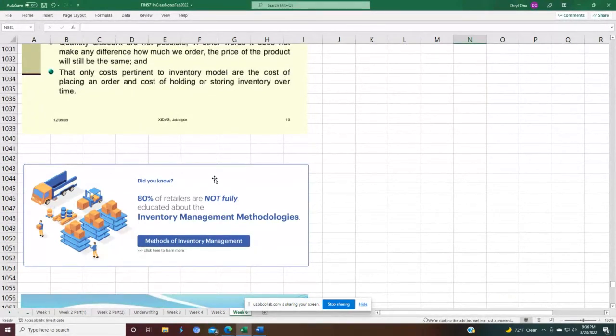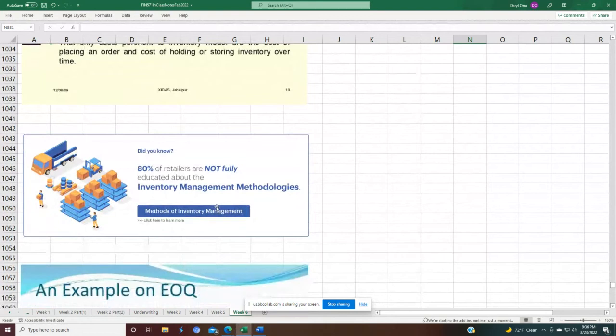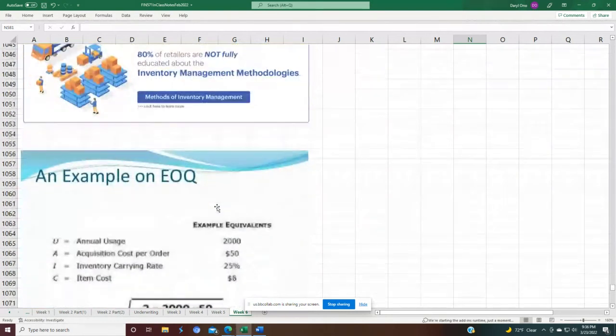But in real life, this inventory management that we're looking at here, 80% of companies don't use it to its maximum. All right? Which is a shame because they're losing a lot of money.